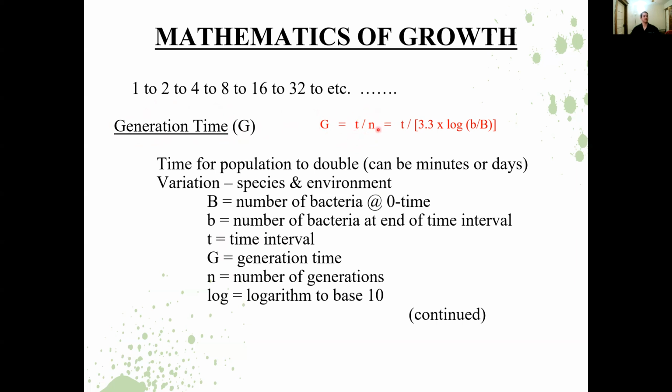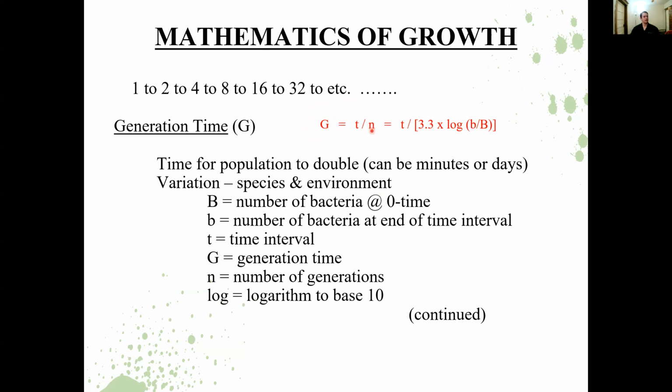This may be a bit beyond the scope, but if I give you an equation like this, typically I will allow you to assume that generation time remains consistent. This might not be the case, but because it's an introductory course, it's fine for you to just know what these variables represent and how to calculate generation time.